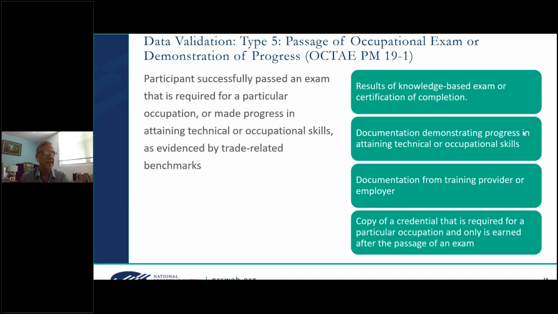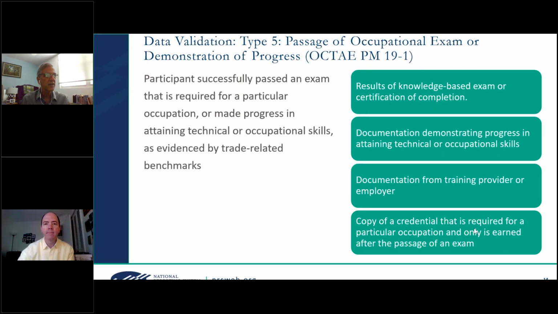The results of an exam, documenting of progress, documentation from a training provider or employer, and a copy of a credential that's required for the occupation that's examined after passing an exam. So you can get exam results under this one that's related to an occupation and that's required for an occupation, or identify the skills that are needed for a particular trade, and that there's progress toward that through training provider or employer documentation.